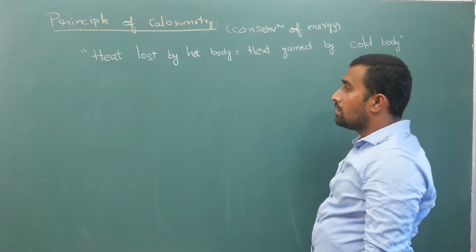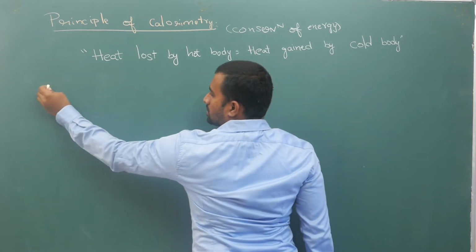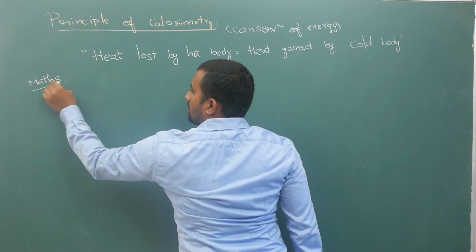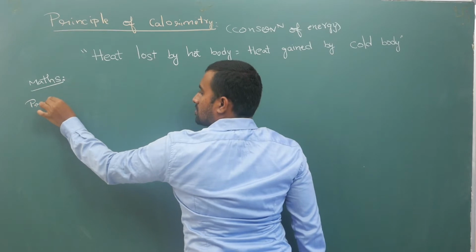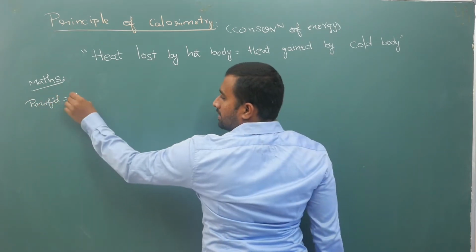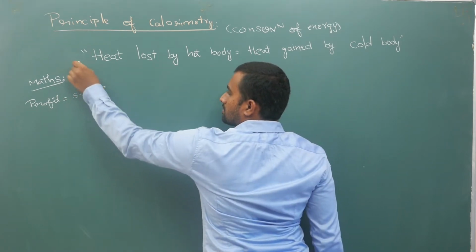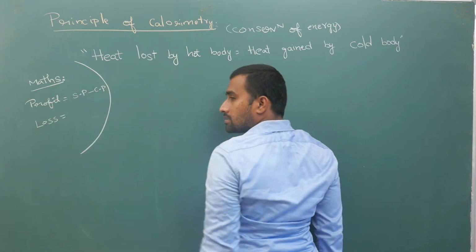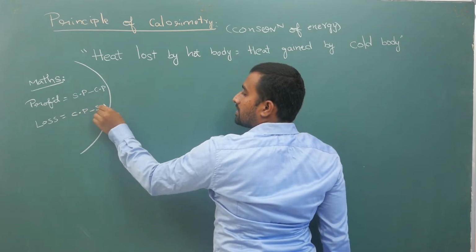Now before I explain, in school level maths, if you have profit or gain, you will write it as selling price minus cost price. Similarly, loss, you will write as cost price minus selling price.